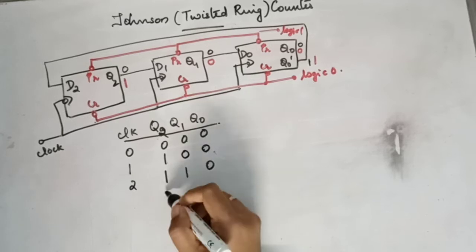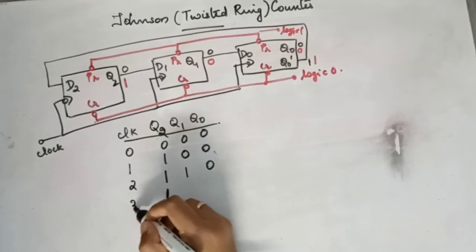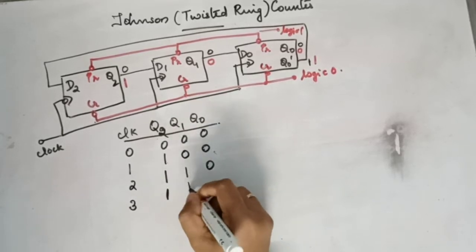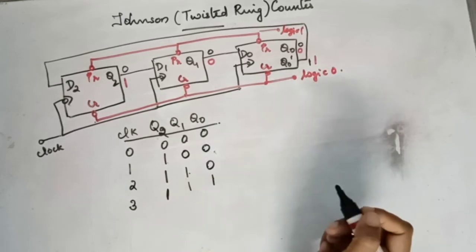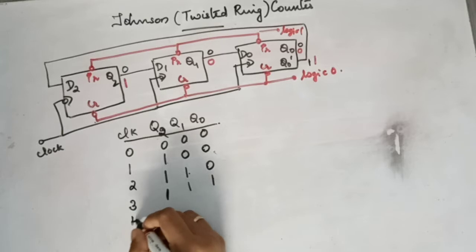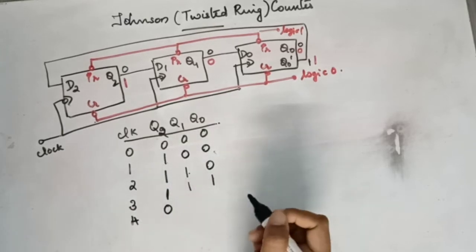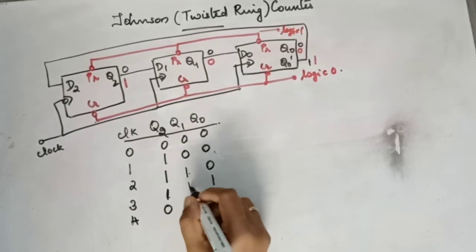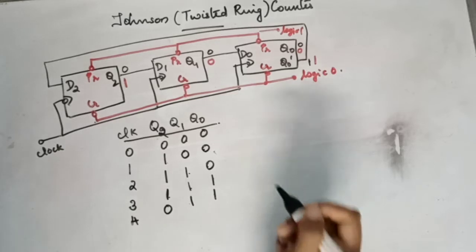Q0 dash is again 1. So this is 1. This 1 comes here. This 1 comes here. So Q0 dash is 0. So here you get a 0. This one comes here. This one comes here.